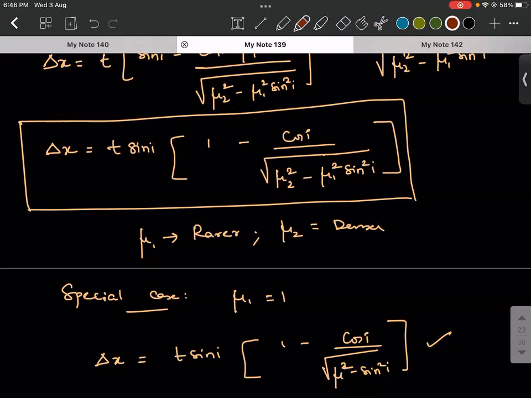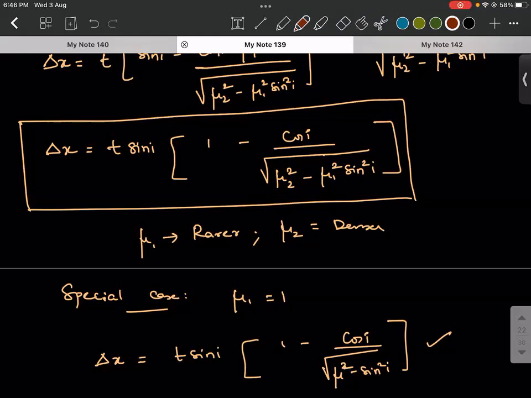That is when the angle of incidence is small. Because when the angle of incidence is small, sin I can be approximated to I. Again, recheck it, it should be T I into 1 minus 1 by mu. There will be an I outside. You have it in front of your eyes.